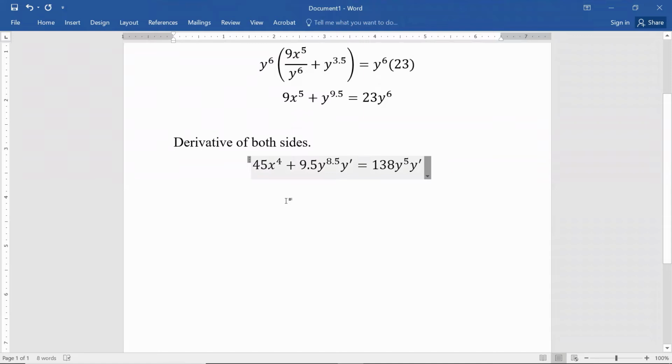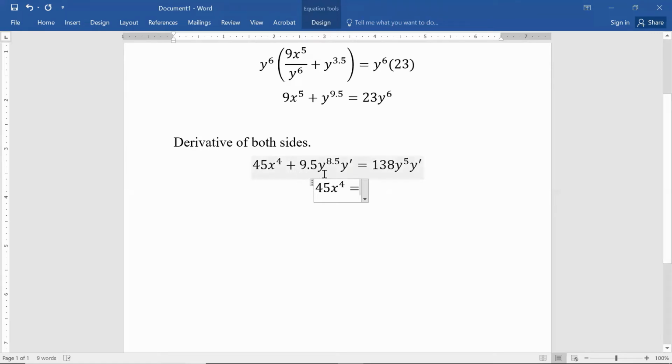This one is a little bit easier to deal with and solve than a couple of the ones we did earlier. So let's go ahead and solve this for y prime. What we're going to end up doing is taking every term which has a y prime, removing it from the left-hand side by subtracting, and then it ends up on the right-hand side.